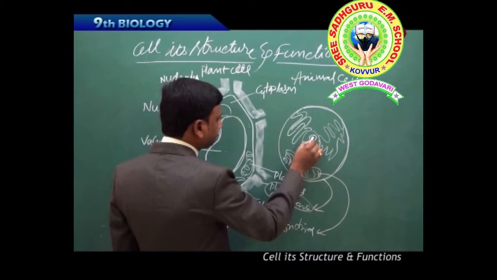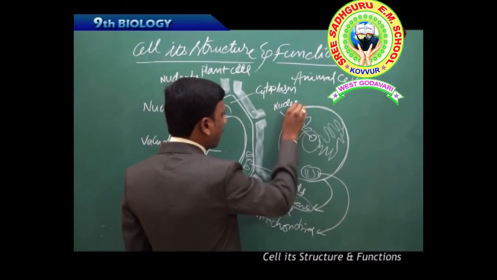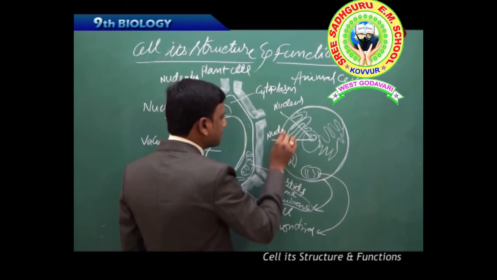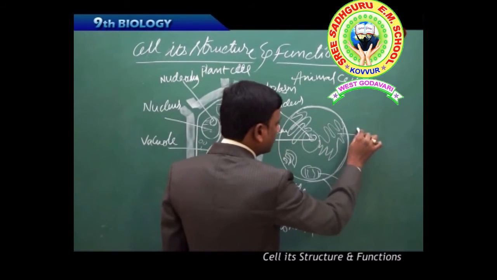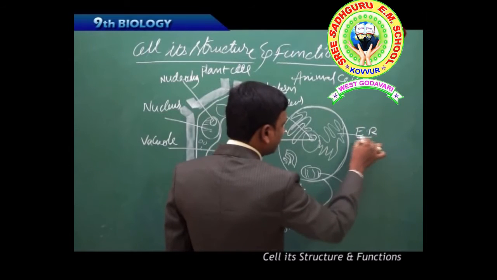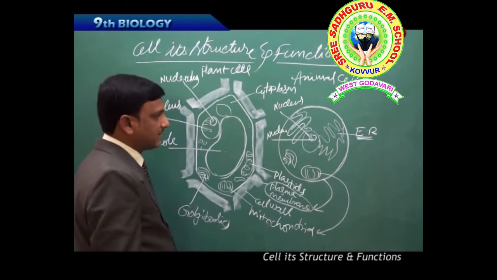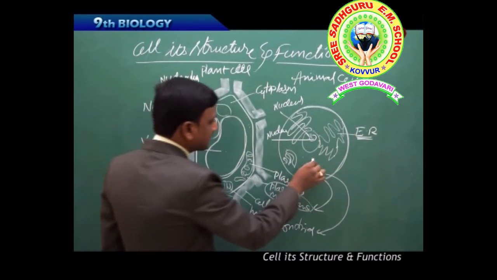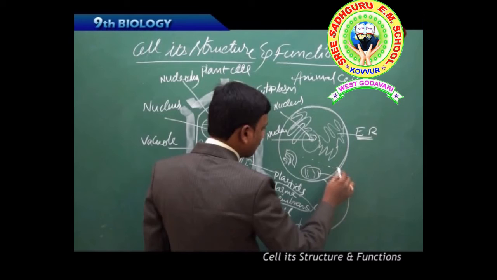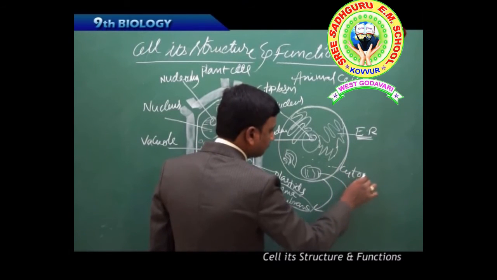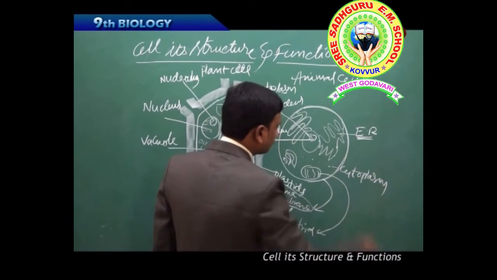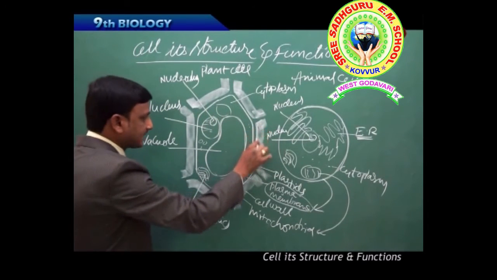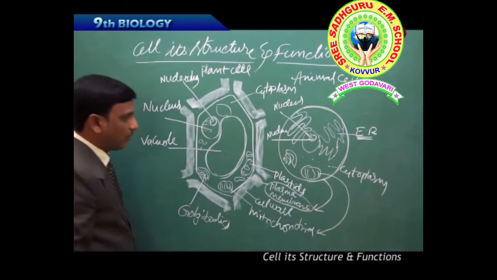Here it has a nucleus, this is also common, and this is the nucleolus, and it has endoplasmic reticulum. Endoplasmic reticulum is found here, and cytoplasm is also common. So in the case of a plant cell, we find an extra covering, that is the thick cell wall.